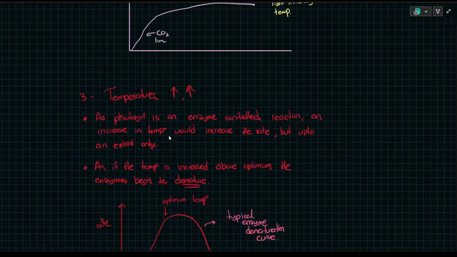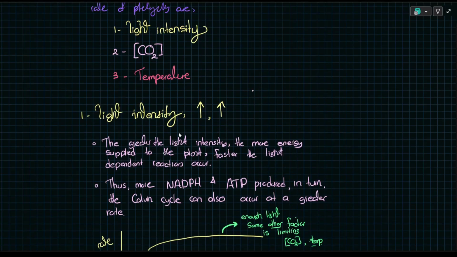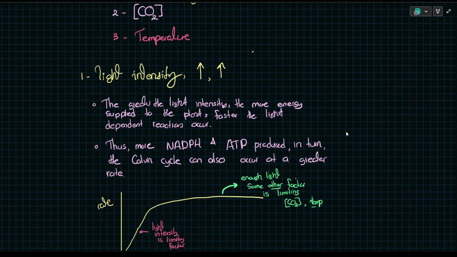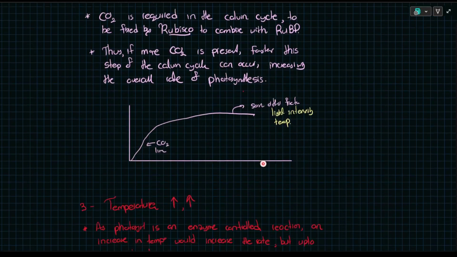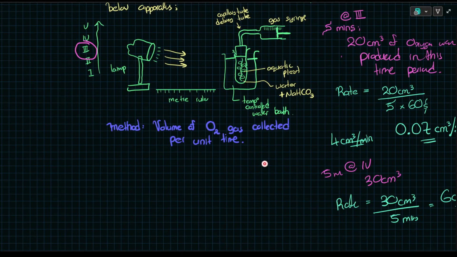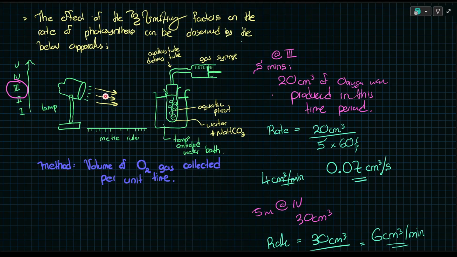Let's go to light intensity. If light intensity increases, we concluded that the rate of photosynthesis has to increase as well. Has that happened? I think it has.